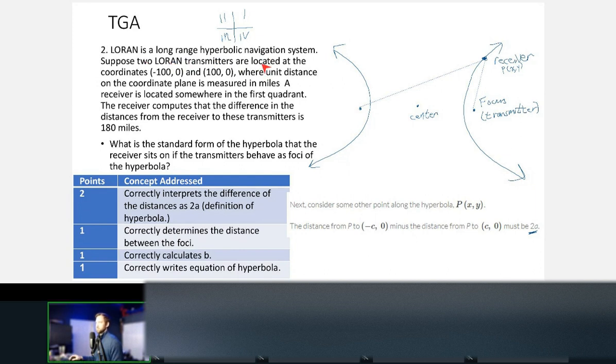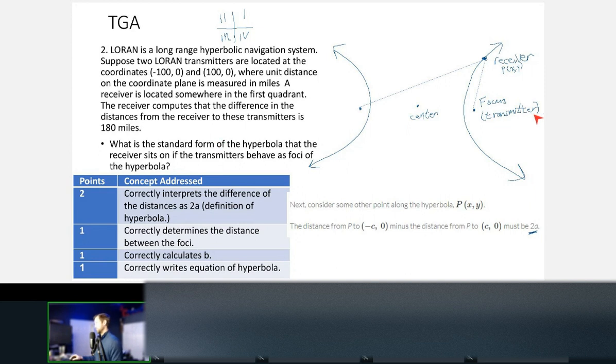Remember, the transmitters are located at these coordinates, and it tells us that these transmitters are the foci of the hyperbola. So these coordinates are the foci. Okay. So we got to kind of jump around back and forth to really understand which part is which.